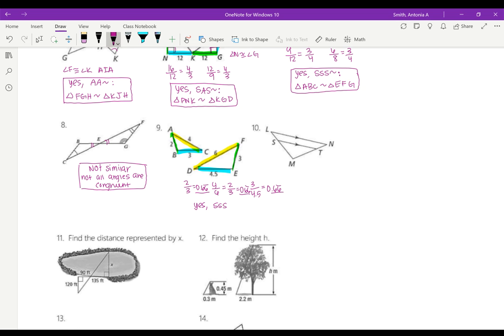By side, side, side similarity. And my similarity statement, triangle ABC is similar to triangle, well, A is between green and yellow, so that's F. B is between blue and green, E. And then C is between blue and yellow, which is D.